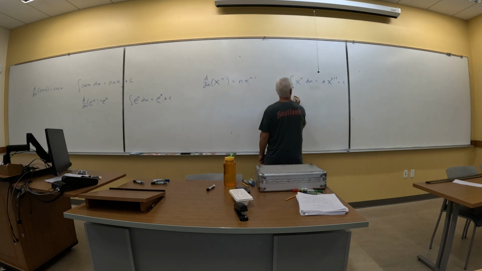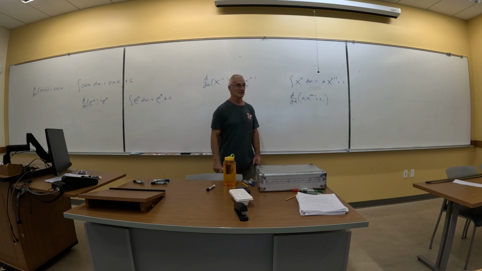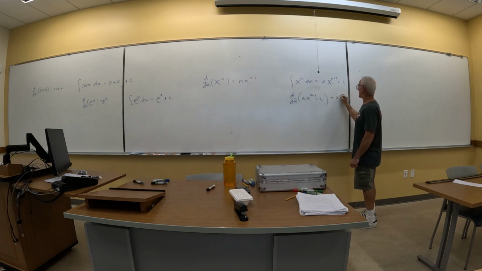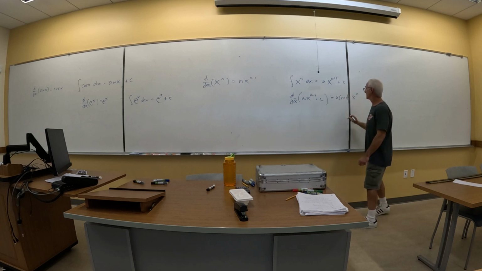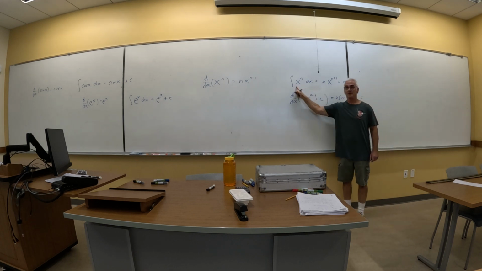Okay. So here's what I want you to do. I want you to differentiate this and see what we get. If I differentiate this, well, the C is going to go away, and I'm going to get A times n plus 1 times x to the n. Well, what does that have to equal? Excellent. That has to equal x to the n, doesn't it?